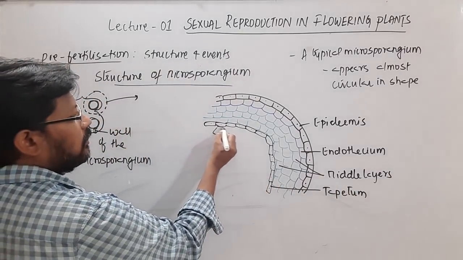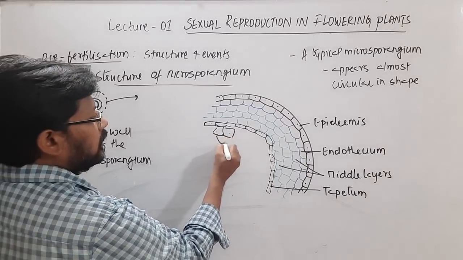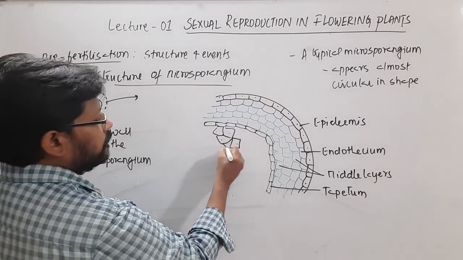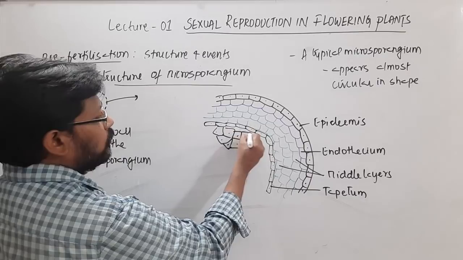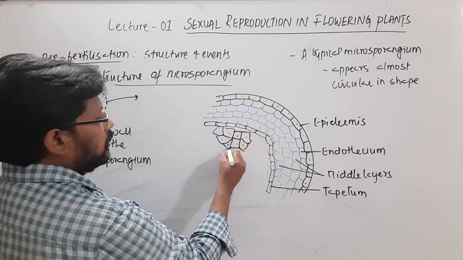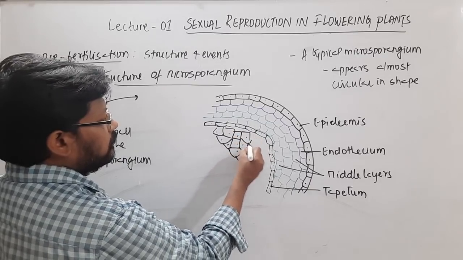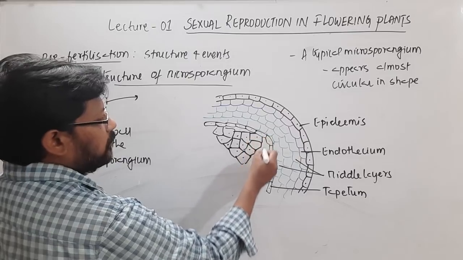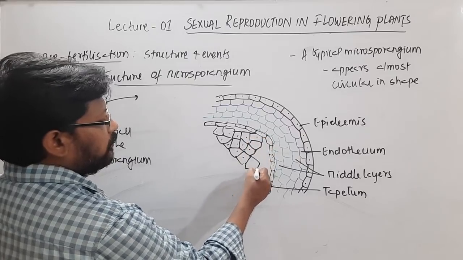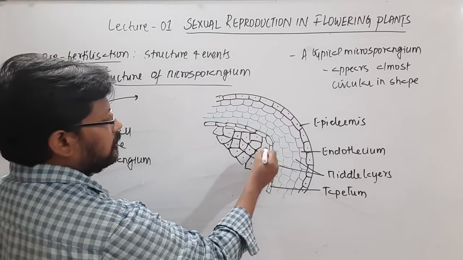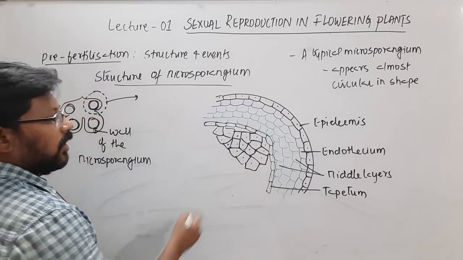Whatever you find here inside is the sporogenous tissue. It is going to undergo meiosis, which results in the formation of the pollen grains.